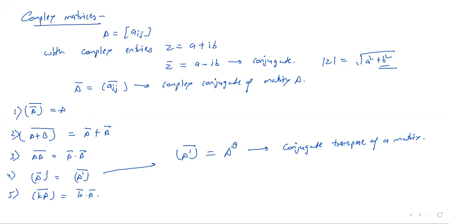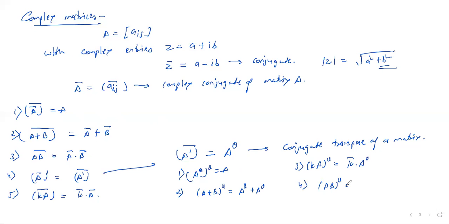Also, K A's theta is equal to K conjugate into A's theta. Similarly, the fourth property is AB's theta is equal to B theta into A theta.